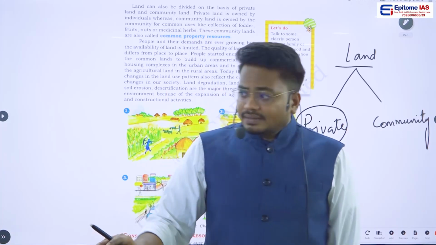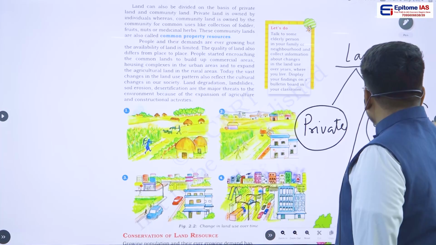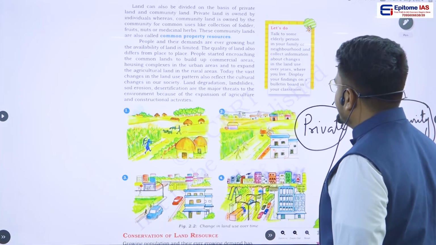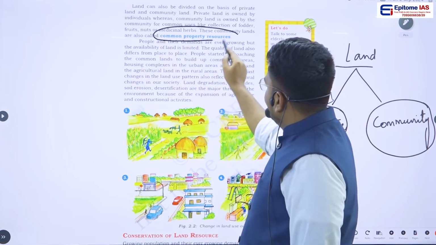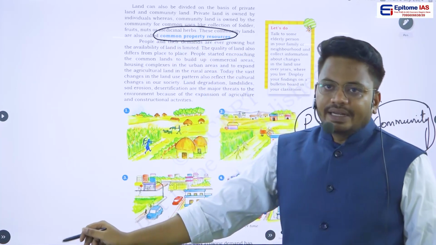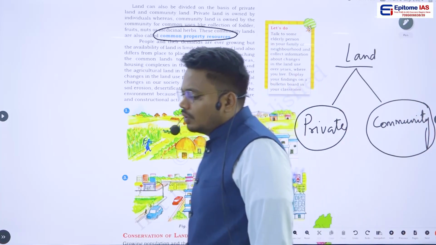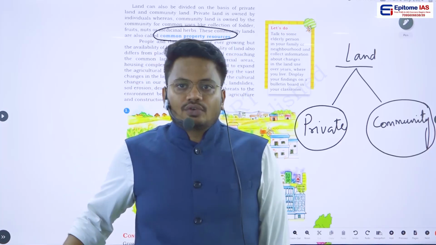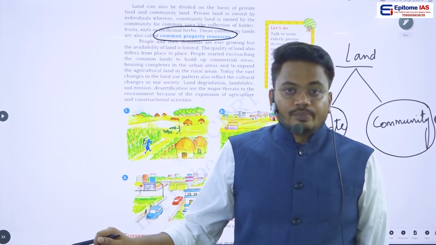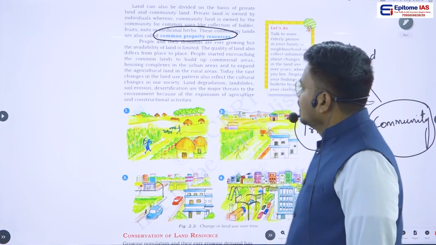These community lands which are used by the community are called common property resources. Everyone has common rights on these resources. You should not try to privatize that particular land. You can get the benefits from that common land, as I told you earlier.